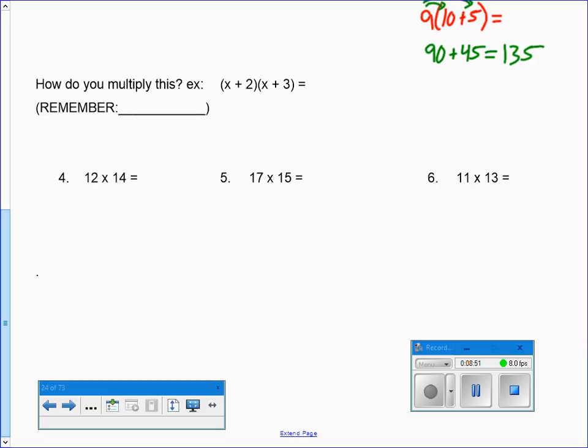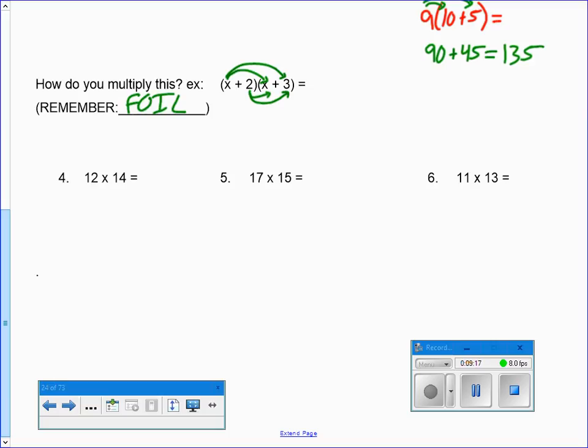So here at the bottom we have something different. We have multiplying two-digit numbers. This is something you might have remembered from Math 1 again. We're multiplying two terms like this. We're going to use distributive property again, but we have to use it twice. This is something called FOIL, or you might have learned it a different way. We're going to multiply the first terms, outer terms, inner terms, last terms.